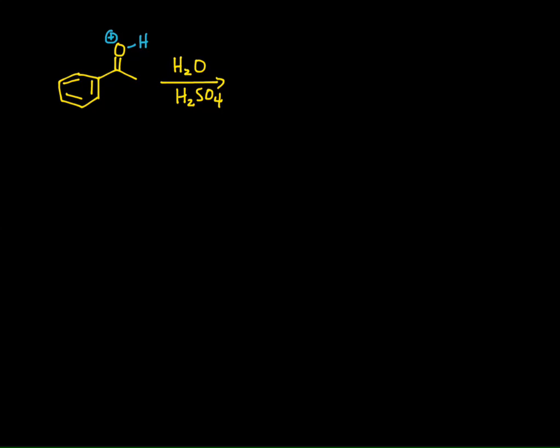The ketone is going to be protonated and increase the electrophilicity of the carbonyl carbon. The nucleophile is not an enolate, but instead is the enol of the corresponding ketone. And this would be the enol of the ketone.